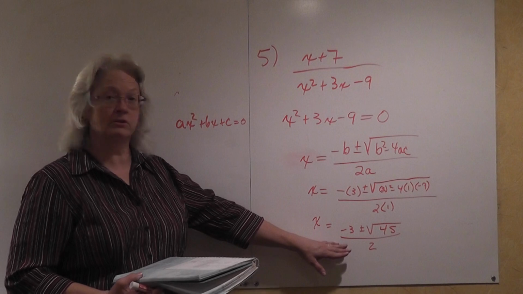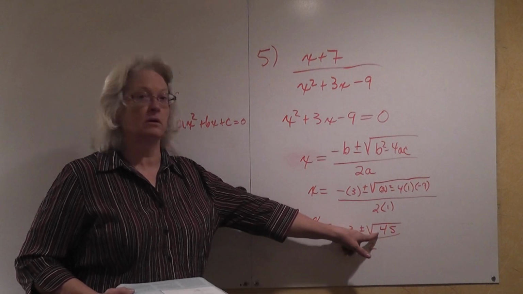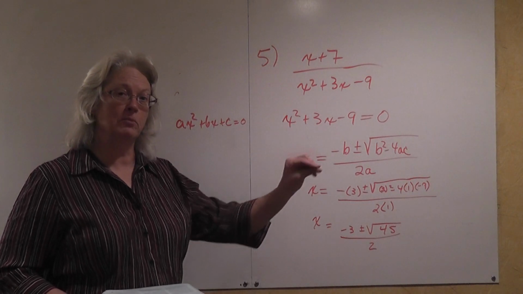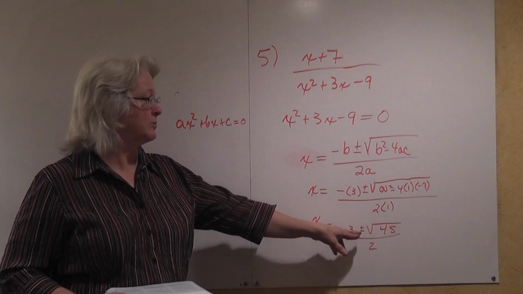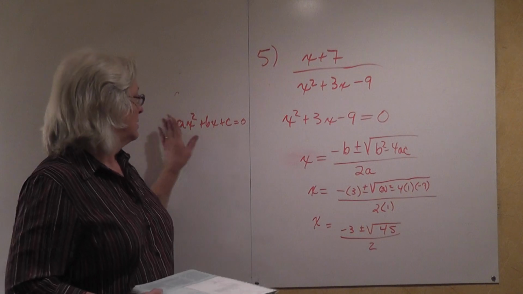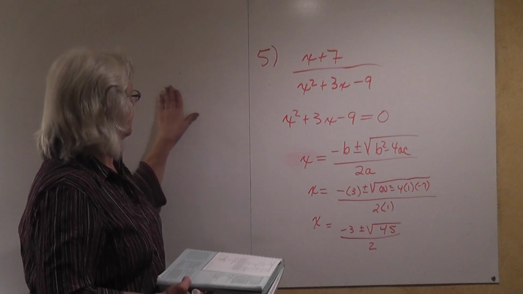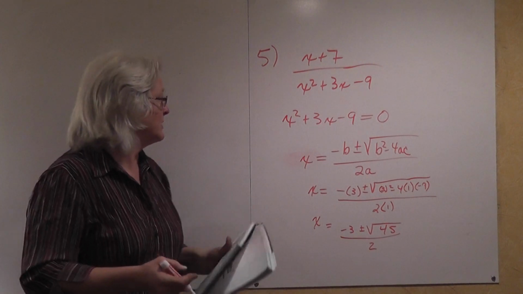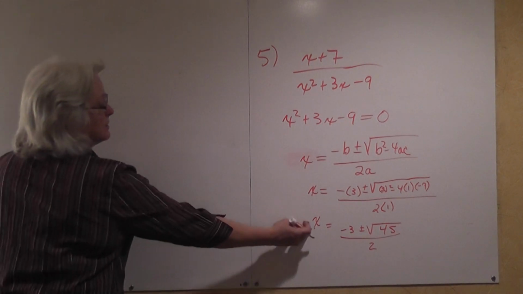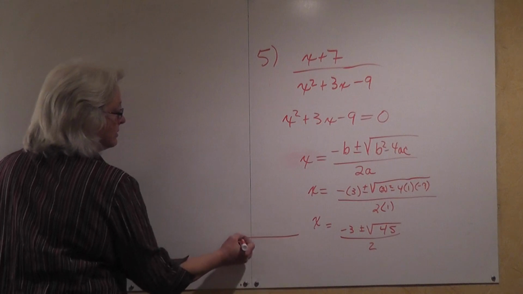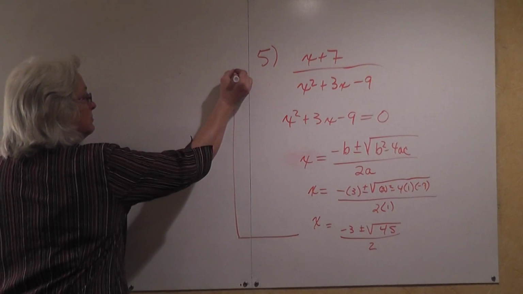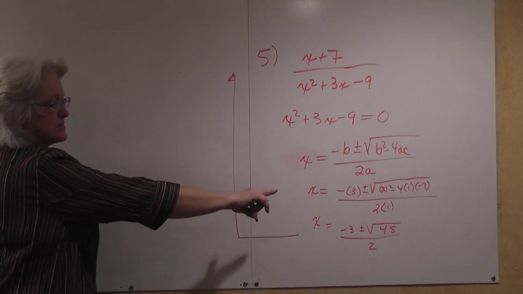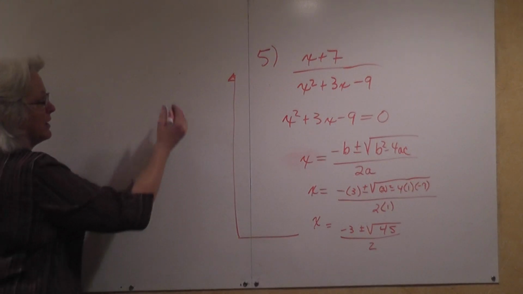Now, what are you going to have to do? You're going to have to simplify this, because that square root of 45 doesn't work, does it? Remember, if you have any perfect squares, you have to be able to pull those out. There are some real disadvantages to having limited whiteboard space here. We go ahead and pull the problem up here and finish it. How are we going to simplify the square root of 45?